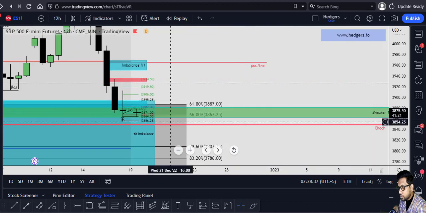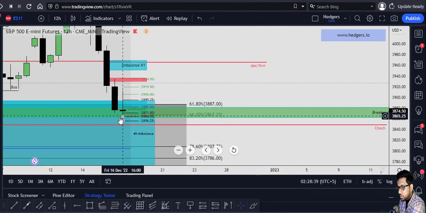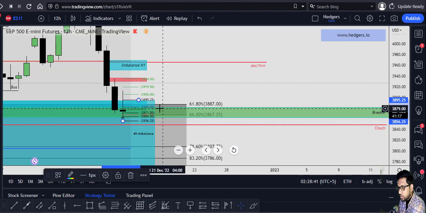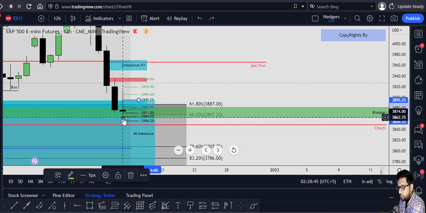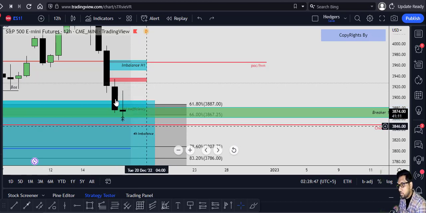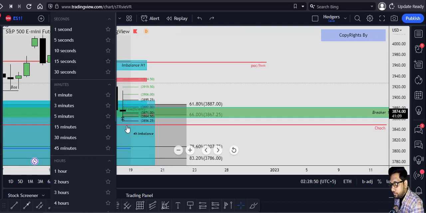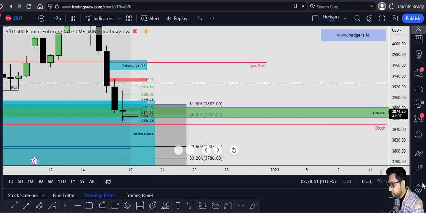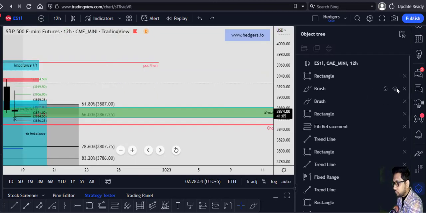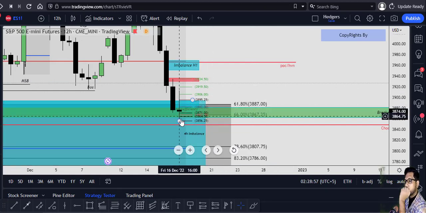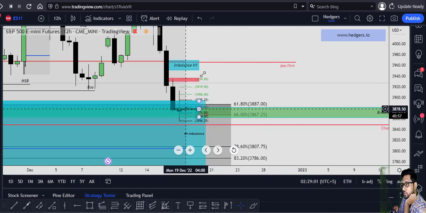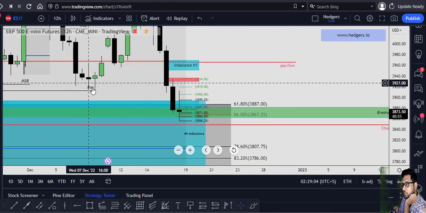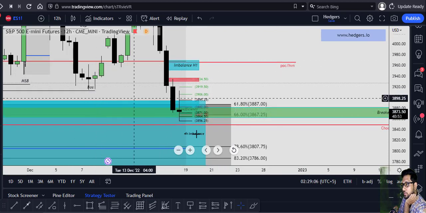The breaker, change of character, and the candle you see here is making a doji, the reversal candle.